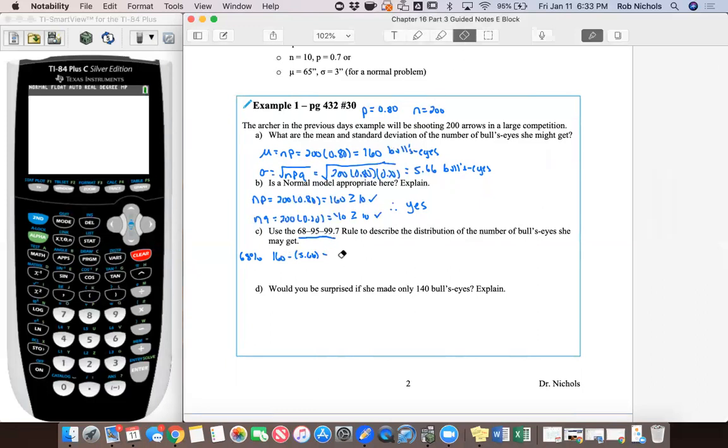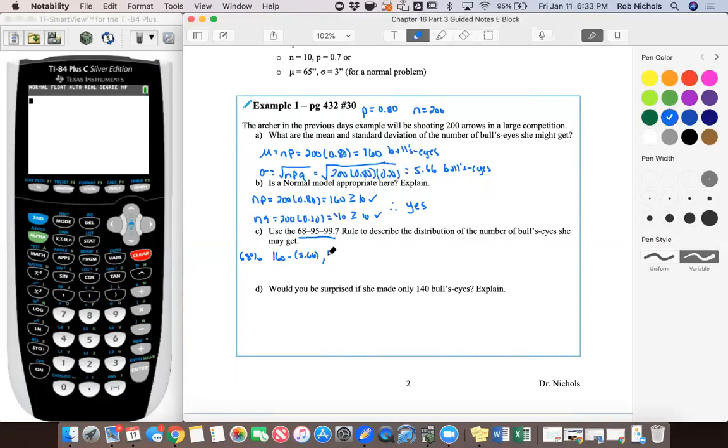And for my upper boundary, it's going to be 160 plus 5.66. So I get 154.34 to 165.66.